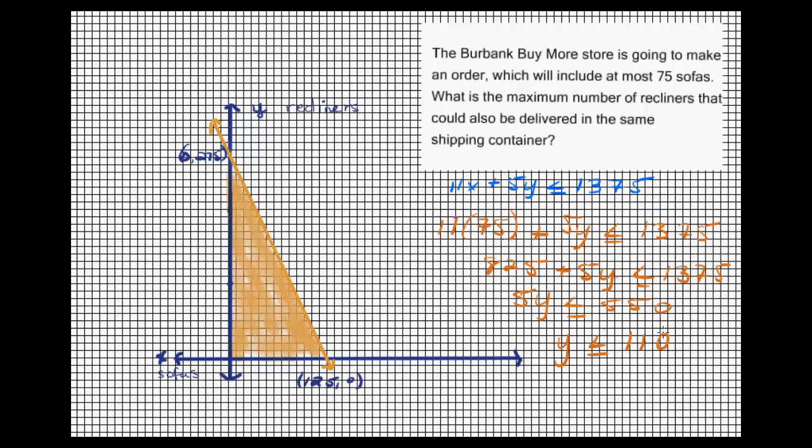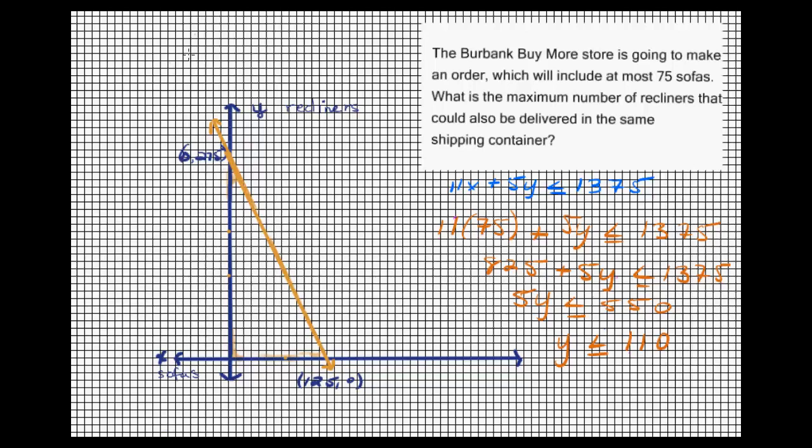So on this, the graph would now have a horizontal line at y equals 110 and a vertical line at x equals 75.